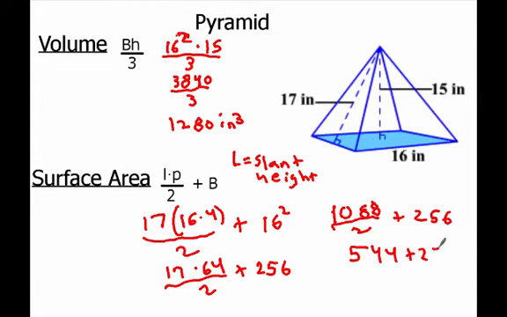Add our 256 in, and we get 800 inches squared, because this is an area problem. So there we go. We found the volume, and now we found the surface area of our pyramid by simply using these two formulas. So now let's take a look at cones.